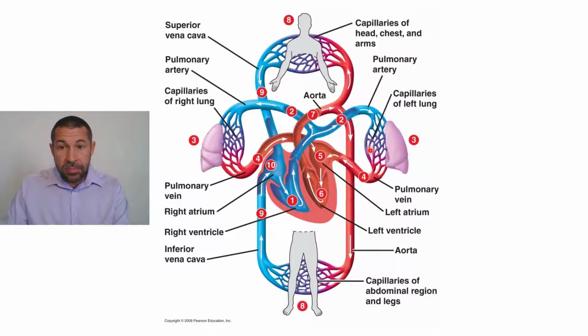Here, that blood picks up oxygen in the interface with the lungs. It's now oxygenated and it returns to the heart via the pulmonary veins, number 4 on your diagram. So this is the one group of veins that are carrying oxygenated blood. Most veins are carrying deoxygenated blood. The pulmonary veins dump that oxygenated blood into the left atrium, the receiving chamber. It's going to pass through a one-way valve into the left ventricle, number 6.